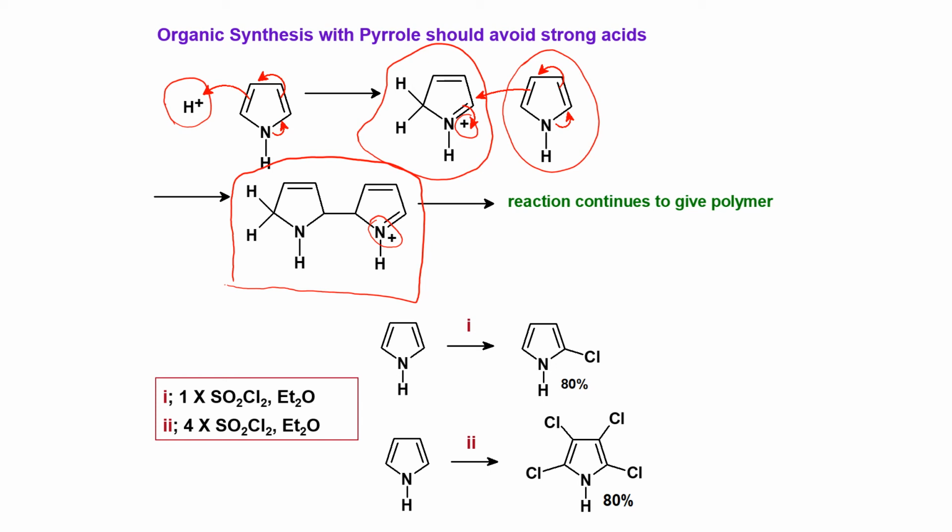In every step the electrophile attacks another intact pyrrole molecule, chain elongation occurs, and the reaction continues to give a polymer, that is, polymerization occurs. This polymer is one kind of resin and its color is brown. We already discussed this property in the previous slide.